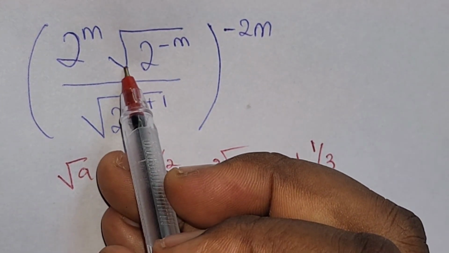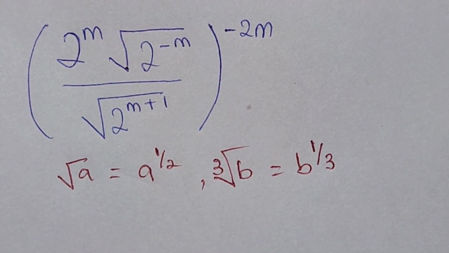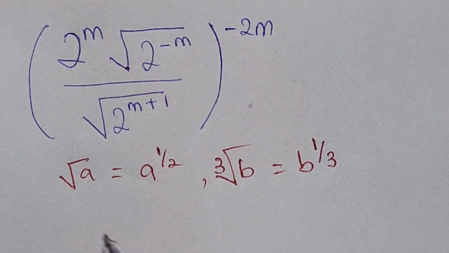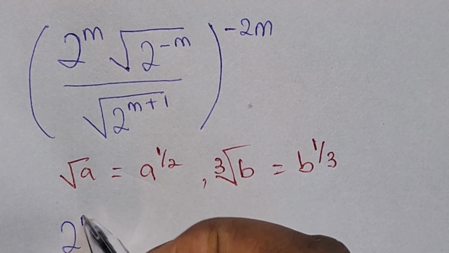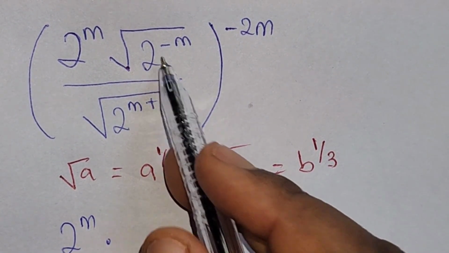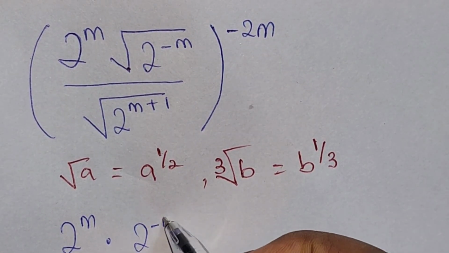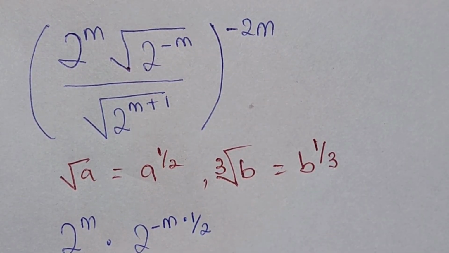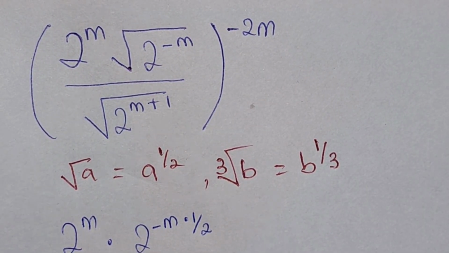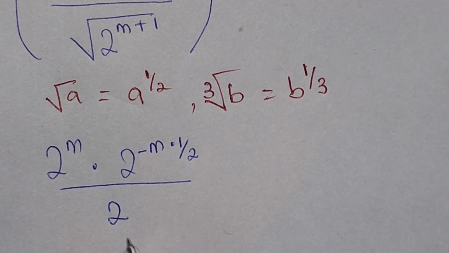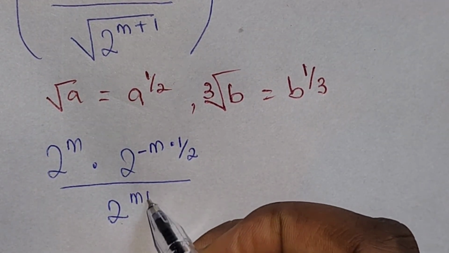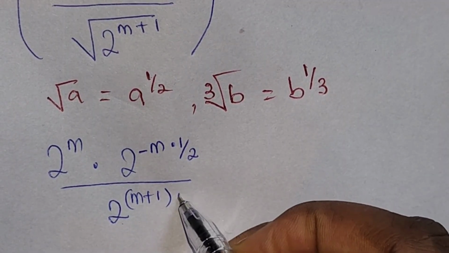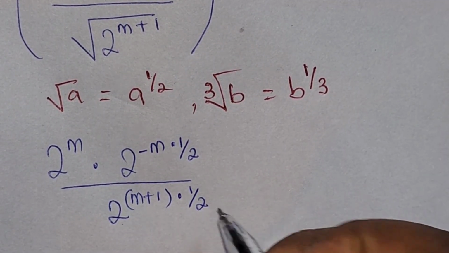So we'll be converting this square root to fractional index to have our 2 to the power of m times our 2 to the power of minus m. This will be times 1 over 2. All over, we have 2 to the power of the square root. We have 2 to the power of m plus 1, times 1 over 2.